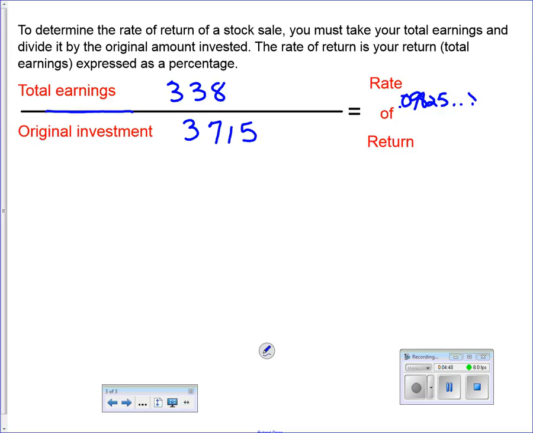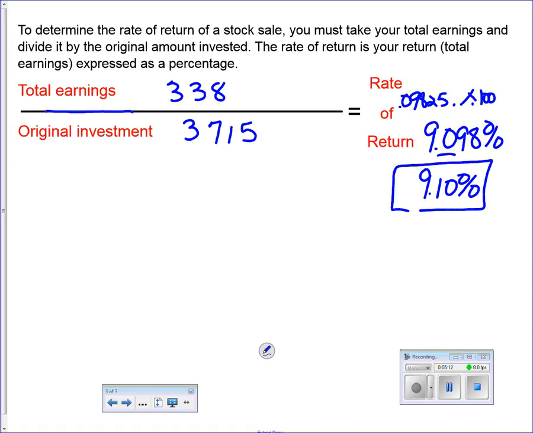Then if we multiply that by 100, we get the percentage, and it comes out to be 9.098%. And we usually want to just go down to 2 decimal places, so 9.10% is our rate of return.